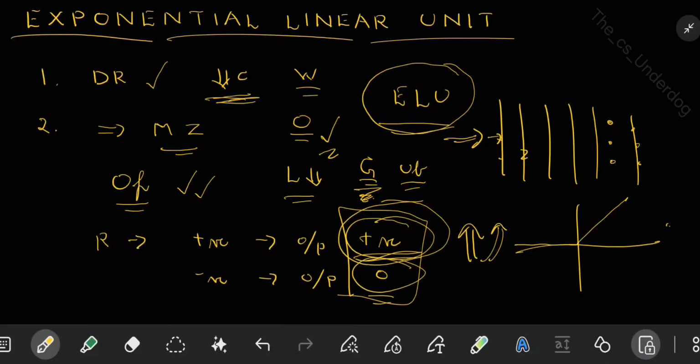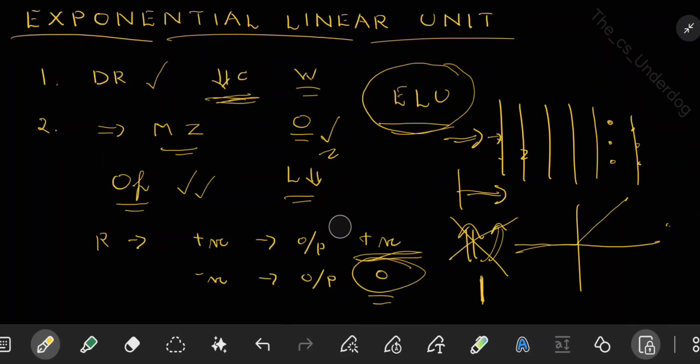But instead, if you are able to come up with some function which has equal representation on the negative side in some way, then you will be able to avoid this problem of positive bias and you will be able to take the mean closer to 0. See, I'm not saying you want exact 0 mean, but in case of ReLU, it's always positive. So you want to bring it somewhere closer to 0. This is what you want to do.